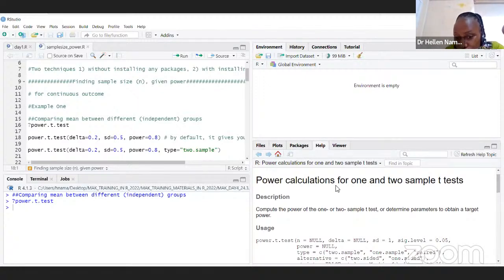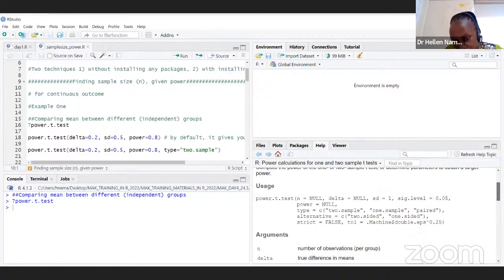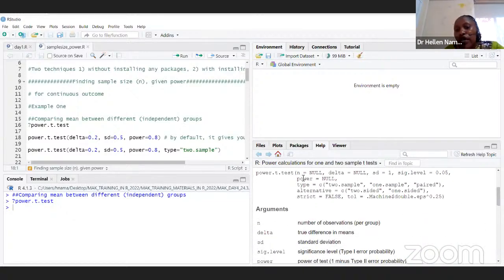This one's power calculations for one and two sample t-tests. If you read closely, there is a description, and then we have the usage. You can get N, the number of observations per group, what you need.